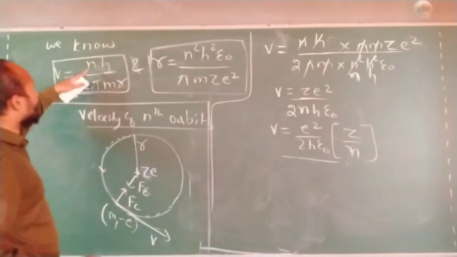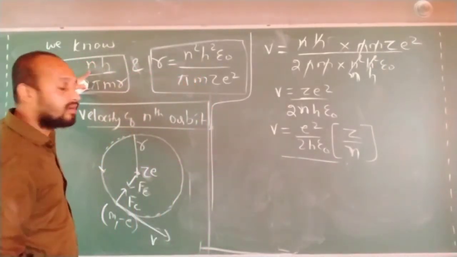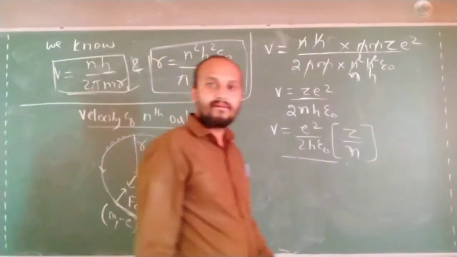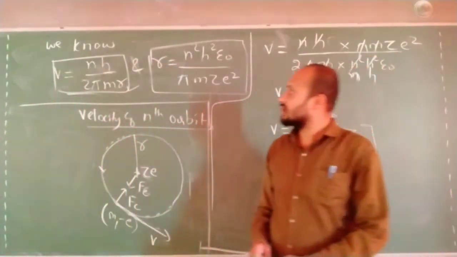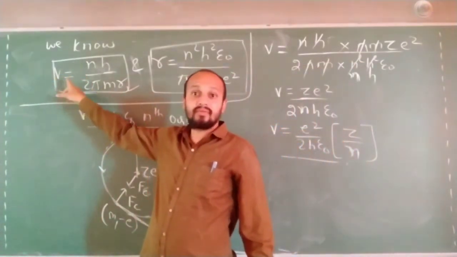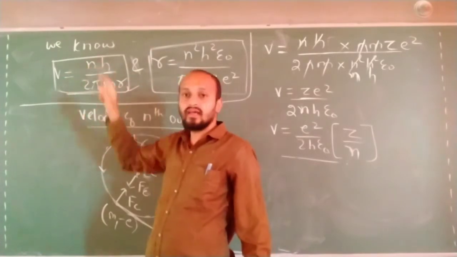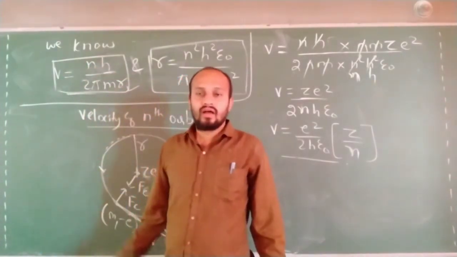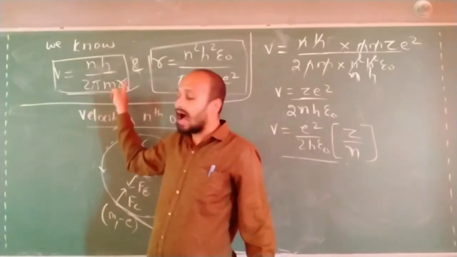See, here if you are changing the value of n, r value is also changing. Yes or no? So we cannot bring up the relation between v and n here because r is also there. When I change n, r is also changing.